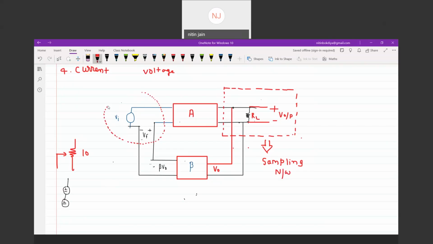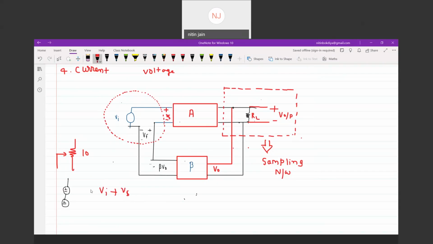And this network is where you are mixing. Let's say this is the net input Vi at the input of the amplifier. Then by applying one loop you can get the answer: minus Vi plus Vs plus Vf equals 0, where Vs is whatever is input to the feedback amplifier.